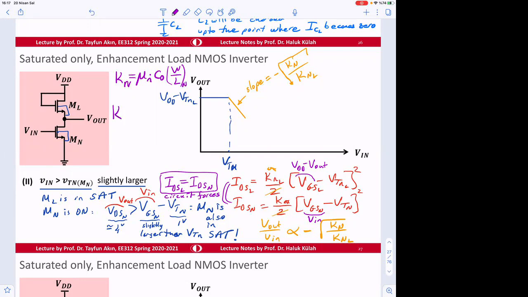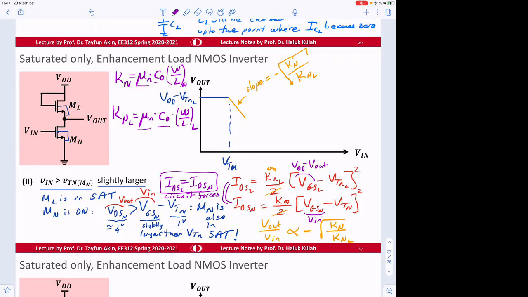So what about Kn of L? Again, mu n C oxide divided by W over L. Okay. So since the transistors are the same, this should be the same, this should be the same.